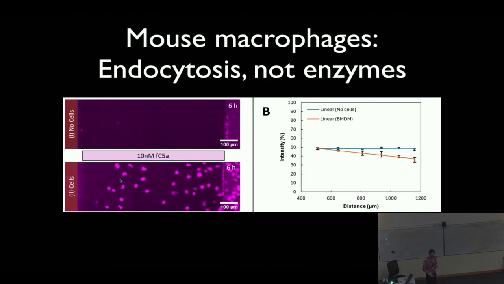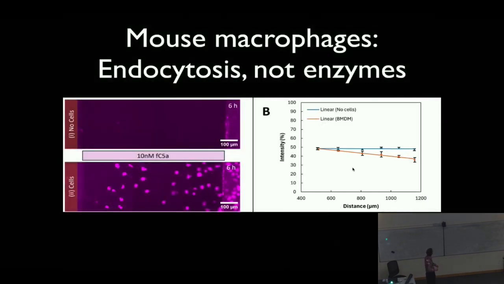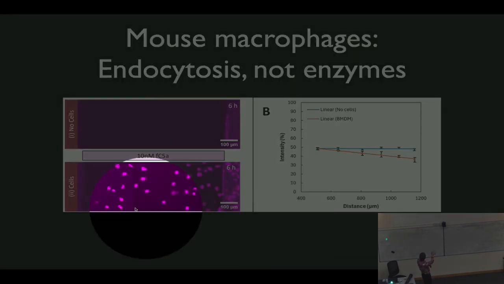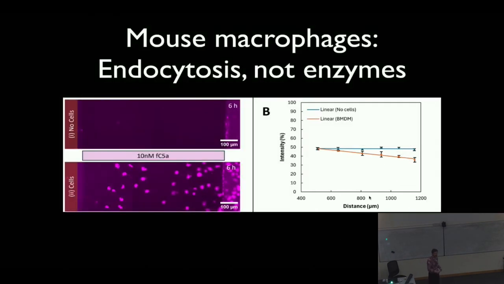This is an experiment with fluorescent C5a, and you can actually see them live creating a gradient as they migrate. You can't quite see that it's happening here, but you can measure it, and I'll show you a more visible one later. So the cells are taking up C5a from the medium, using their receptors and destroying it. And by doing that, they're creating a local gradient that they can migrate up.